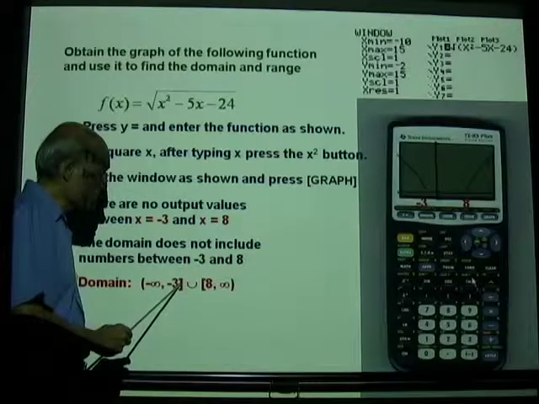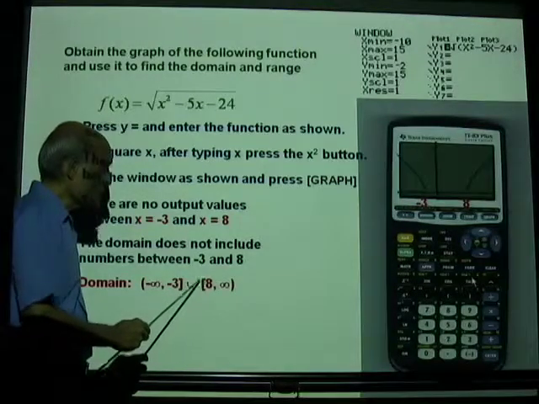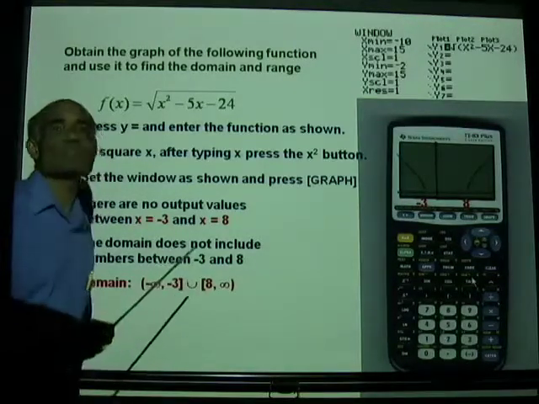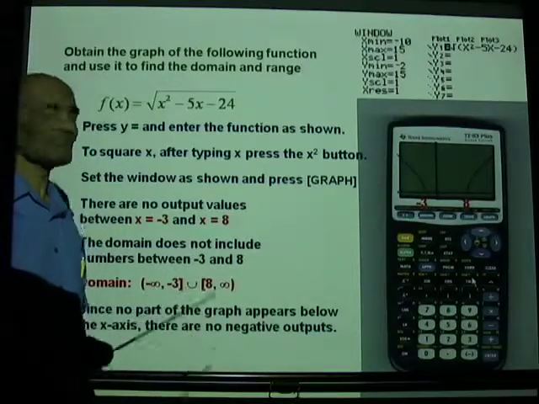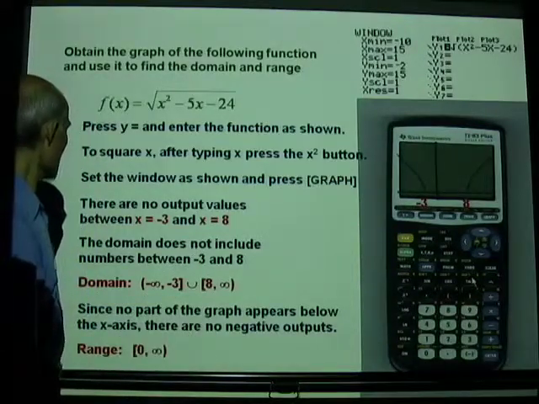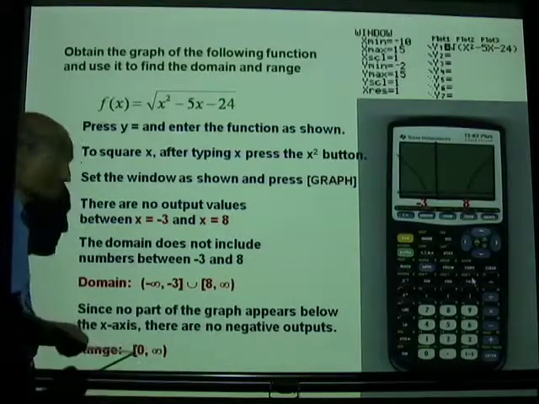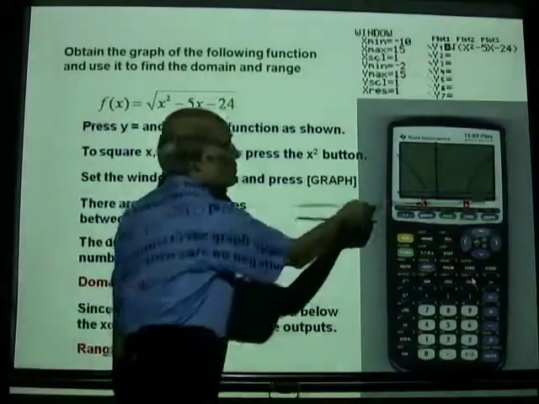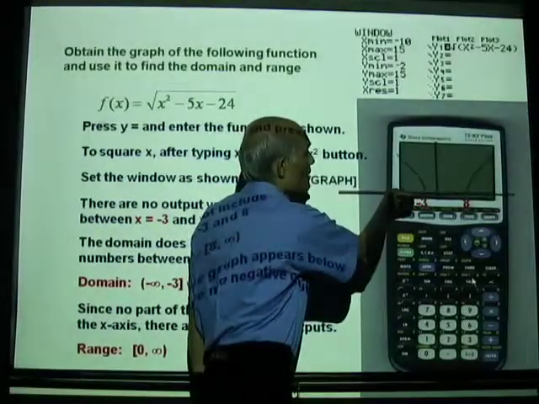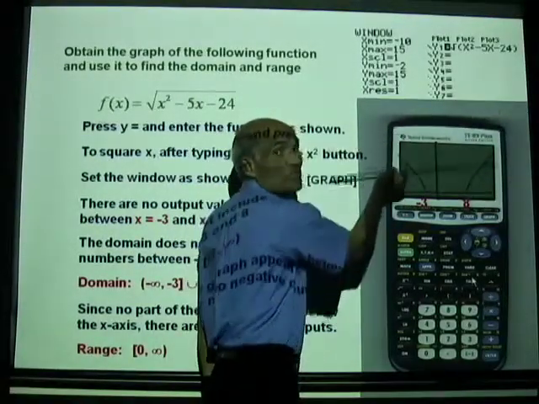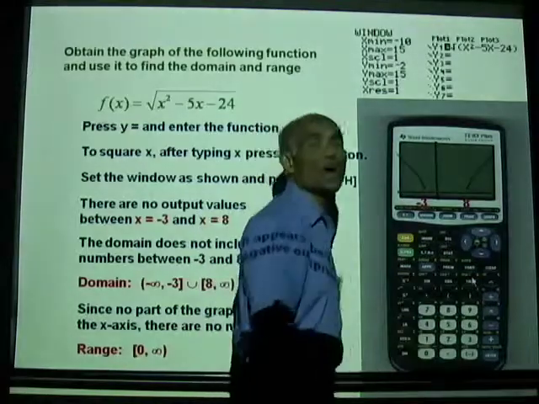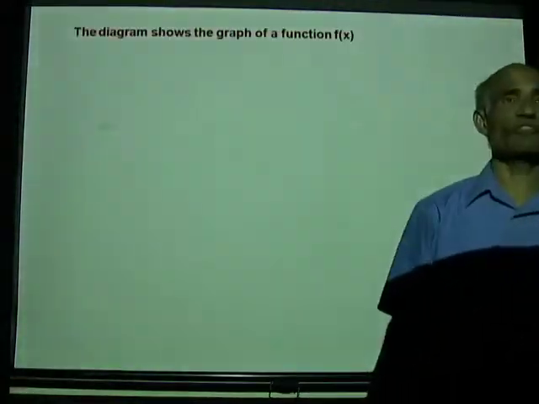But no numbers between negative 3 and 8 are in the domain. Okay, and the range is 0 to infinity, 0 included. An output of 0 is possible, and anything greater than 0, but there is no output below the x-axis.